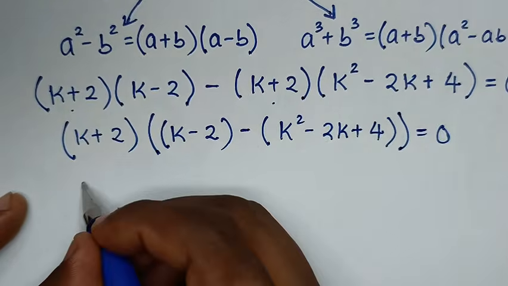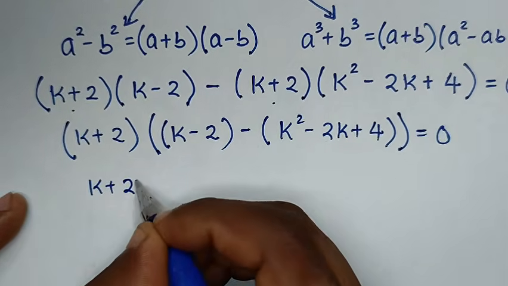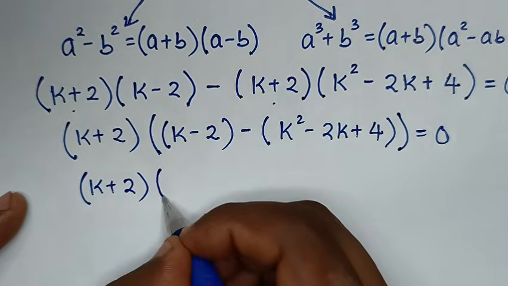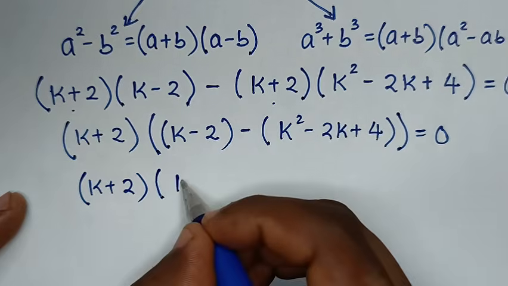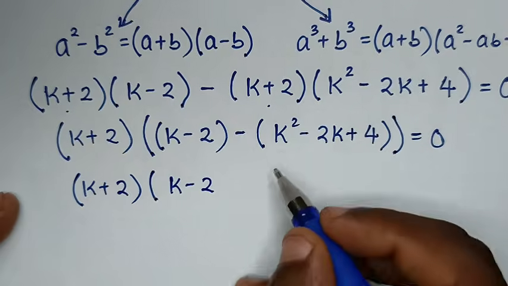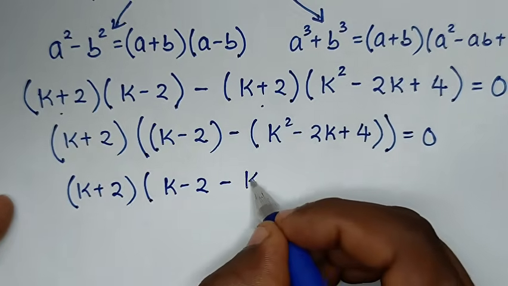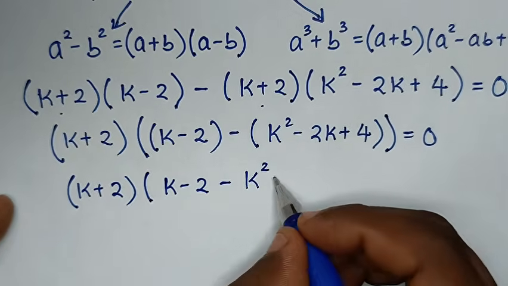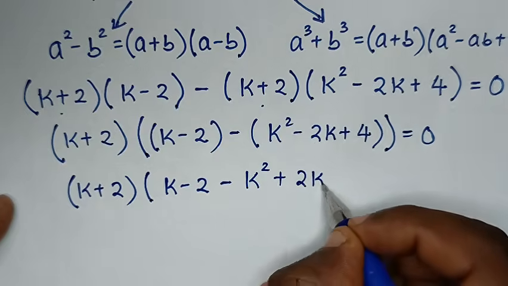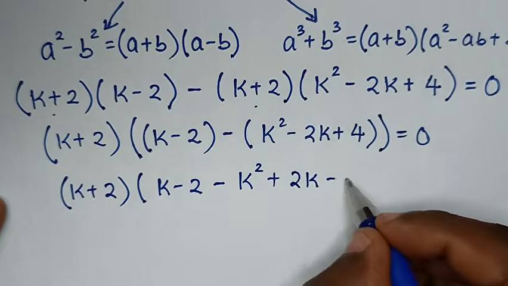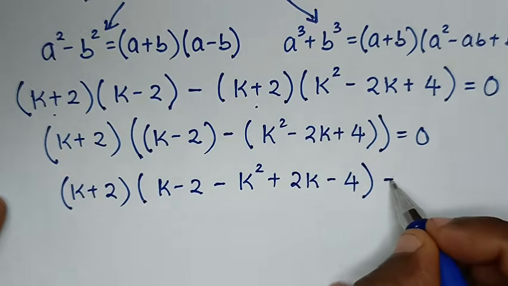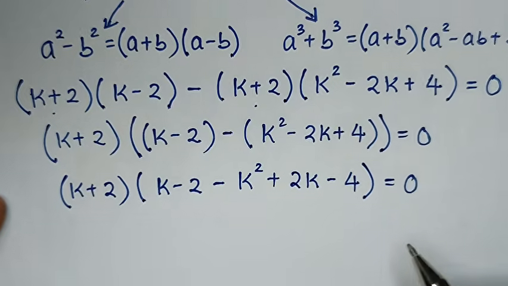Now here it will be k plus 2 bracket, then bracket, here we open the bracket, it will be k minus 2. Here we open the bracket by negative, it will be minus k², here it will be plus 2k, here it will be minus 4, bracket is equal to 0.